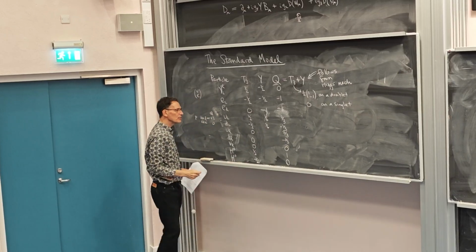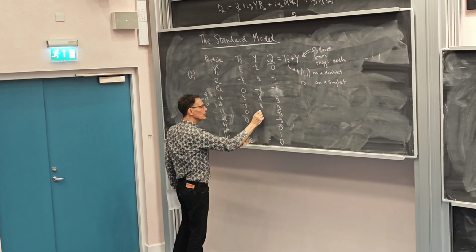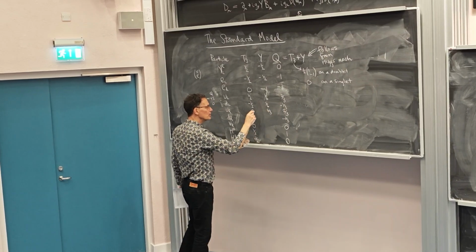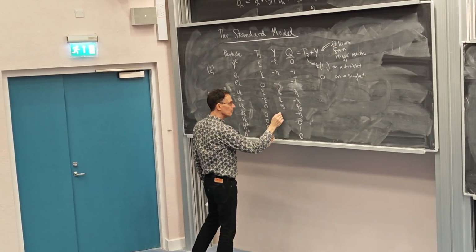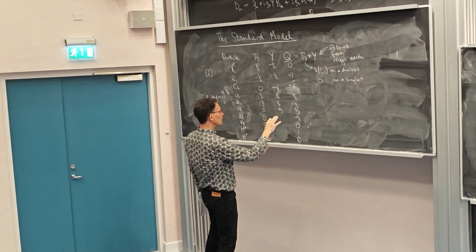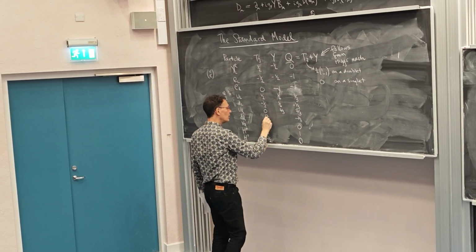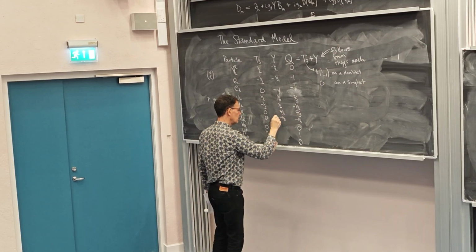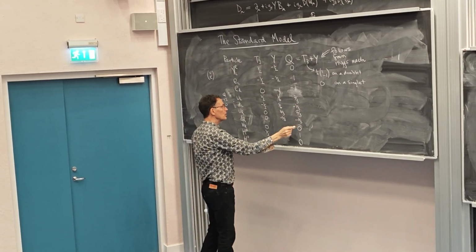It's in the same doublet. Right-handed guy, charge is 2/3, hypercharge must be 2/3 because the T3 is 0. Down right must be minus a third. Okay.